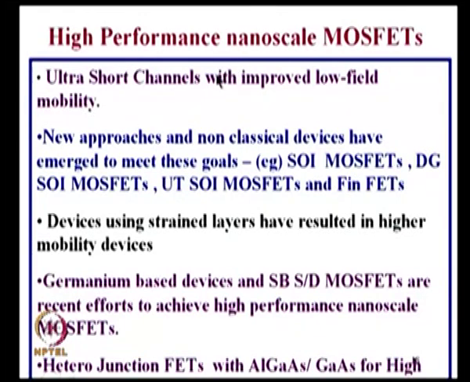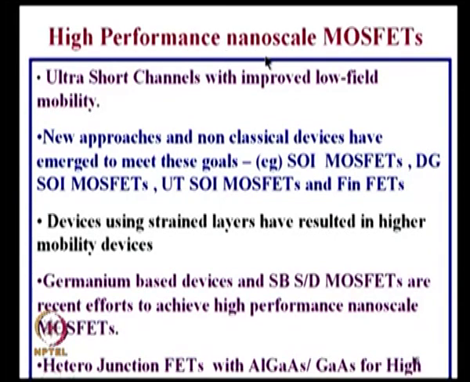High performance nanoscale devices should therefore ensure that doping is low, so that mobility is high. They should also ensure that the normal electric field is low, so that again the low field mobility is high.